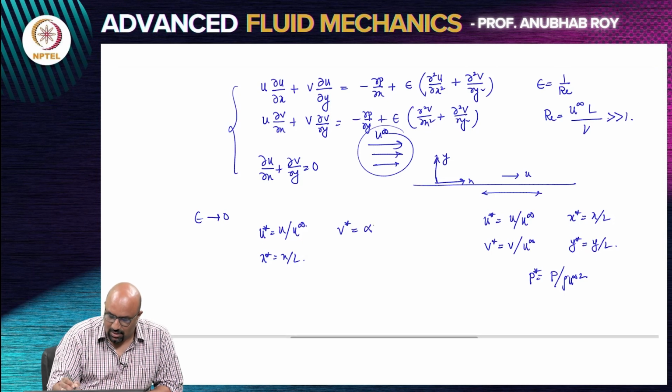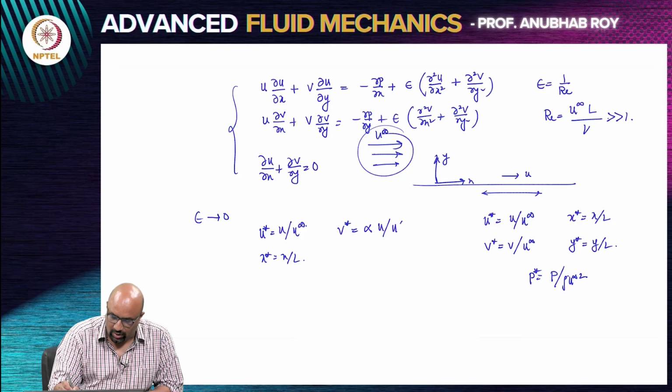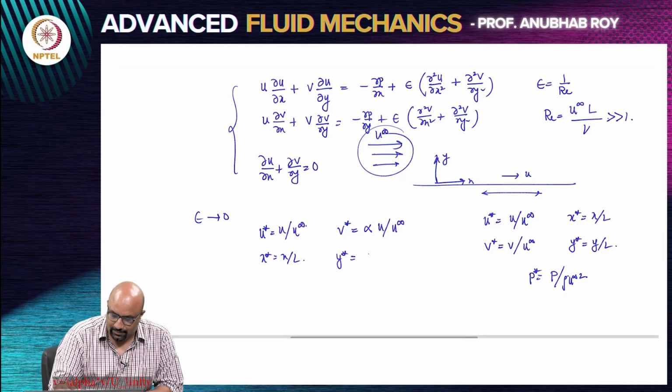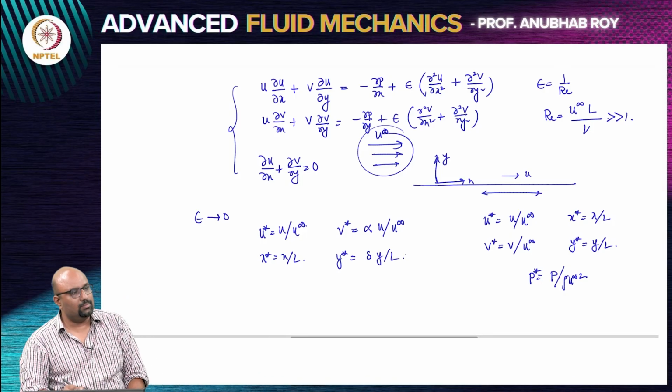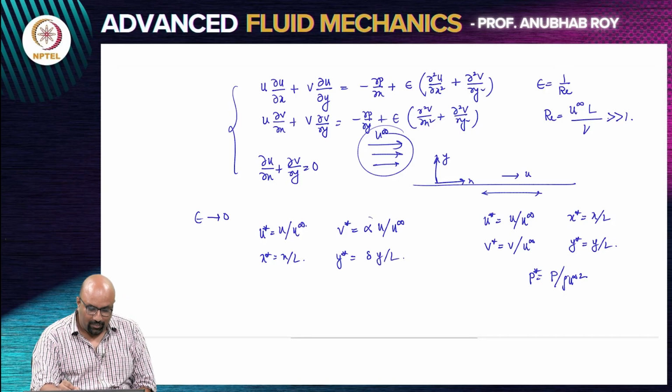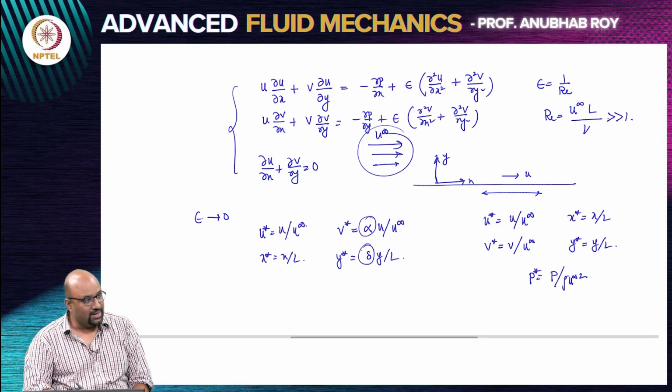Let's use alpha. So, v star is alpha v by u infinity and y star is delta y by L. So, what I have done here, I have put some factors in front of the scaling of v star and y star, saying that they do not necessarily scale with u infinity and L.